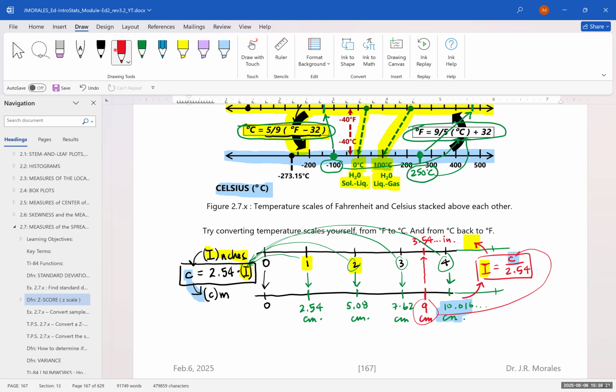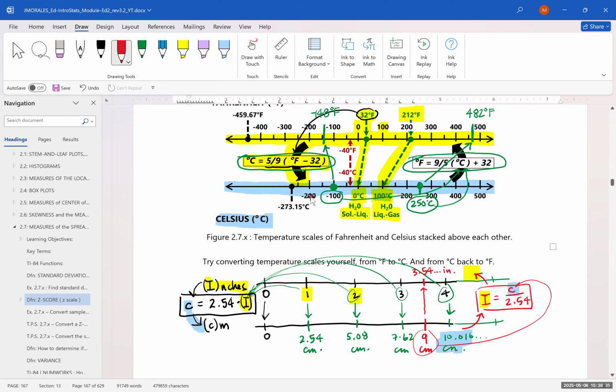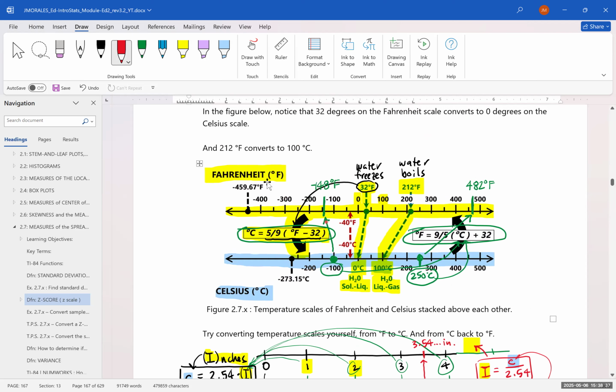So I think this idea of converting from one scale to another is something you've already been exposed to, and something you can relate to. If you've seen this with Fahrenheit and Celsius before, this will be recognizable. If you haven't seen it before, welcome, now you've been exposed to it. If you take chemistry or physics, you'll see something like this.